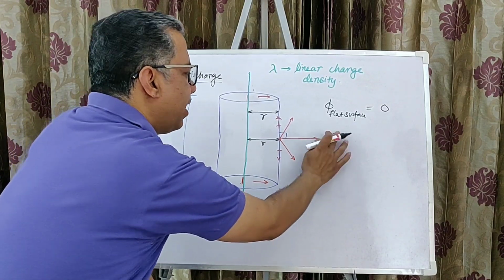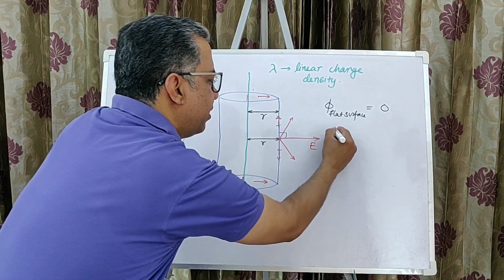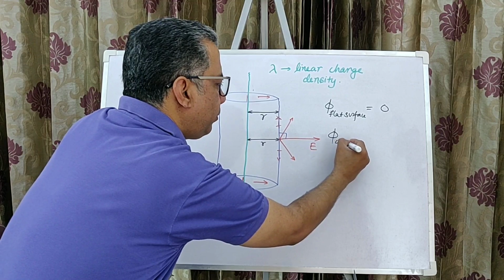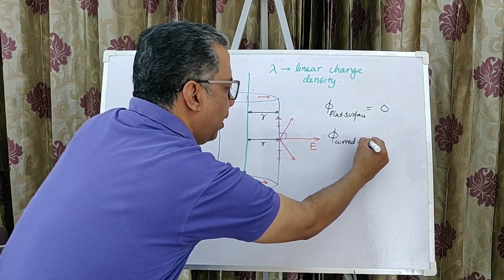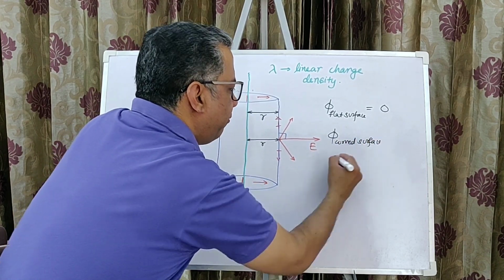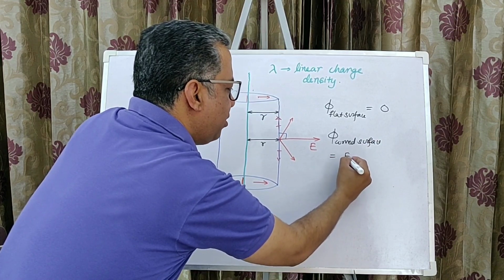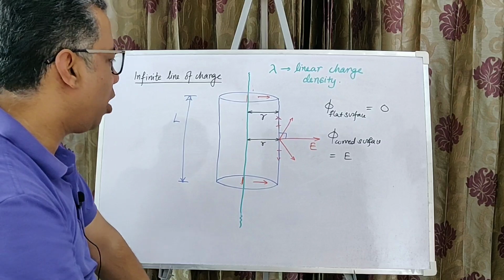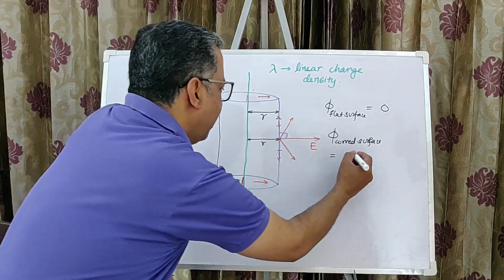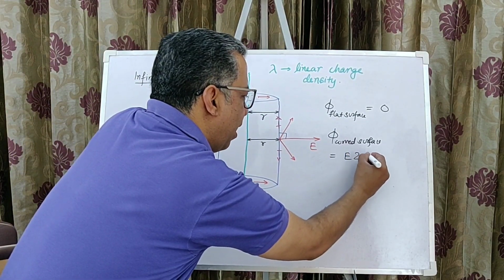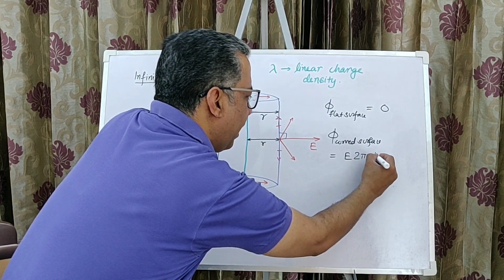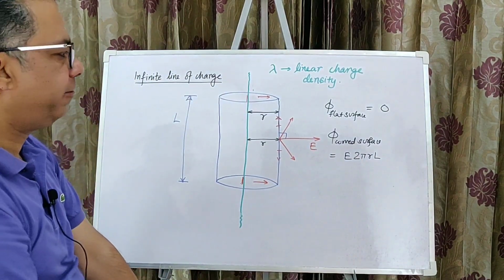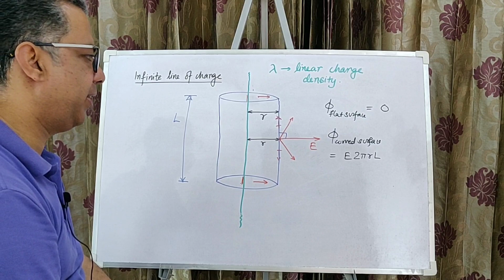We are calculating the flux now on the curved surface. Now this flux equals the magnitude of the electric field times the curved surface area. Now how much is the curved surface area? It will be 2 pi r times L. That's the flux on the curved surface area.